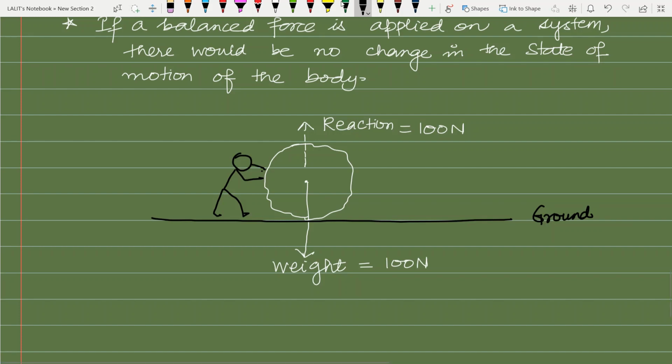So let me draw it again. So this is a rock, and you are pushing the rock with a greater amount of force. So this is the applied force.